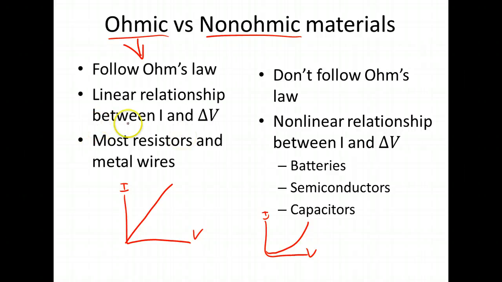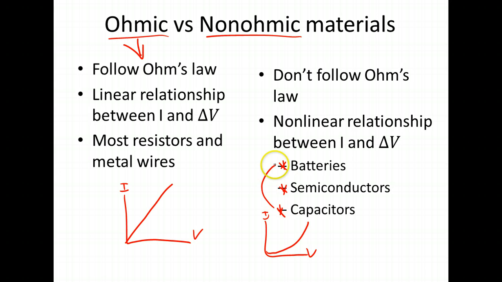Most resistors and metal wires, or what we would call a load, anything that does work with electricity, is an ohmic material. So light bulbs, computers, headphones, speakers, you name it, those are typically ohmic materials. What's more important is for you to remember the things that are non-ohmic, because there's really only three that don't abide by Ohm's law. Those three are batteries, semiconductors, and capacitors.